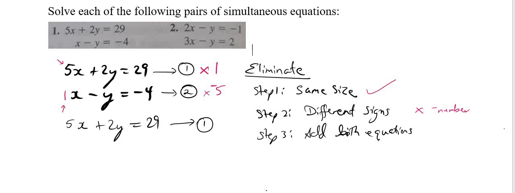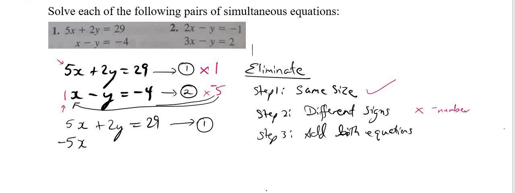Now equation 2 we're going to multiply by negative 5. Let's do that. The negative will change the sign of each term while we multiply by the number 5. So 5 times 1x will be 5x, but since we're multiplying by a negative, it's going to be negative 5x.